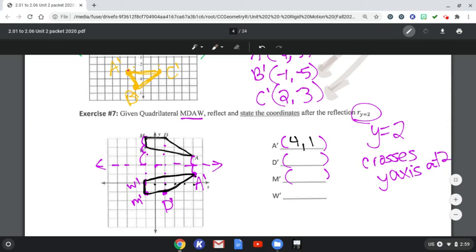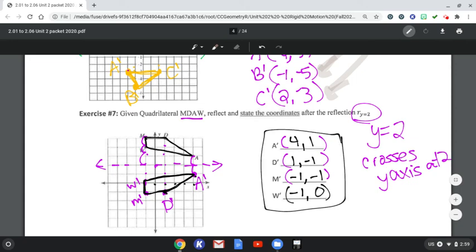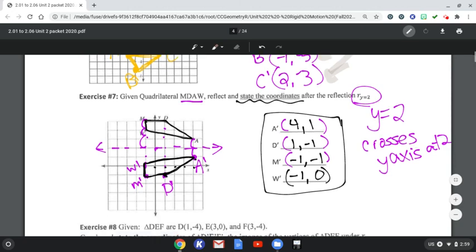D is over 1 and down 1 box right here. W is to the left. I'm sorry, M is to the left 1, down 1, and W is to the left 1, 0. So rereading these points at the very end of the question, we have to make sure we state our coordinates.